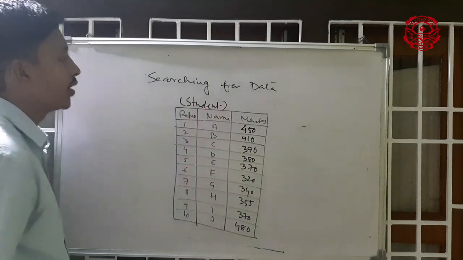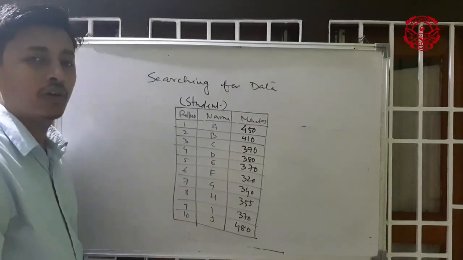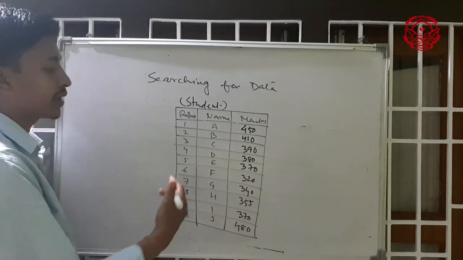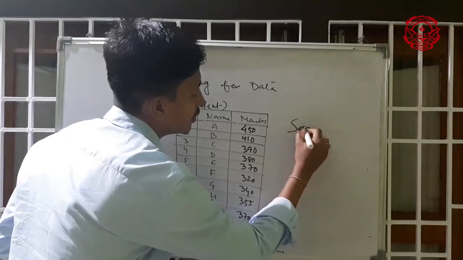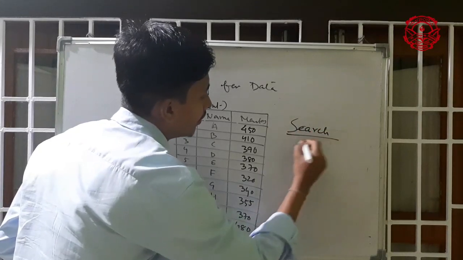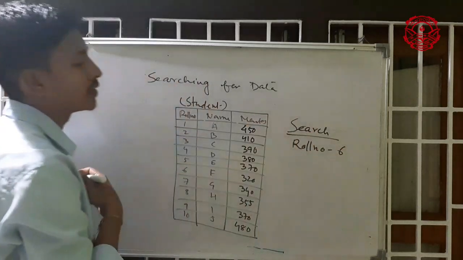Okay. Now searching means what? You can search any information from this table. For example, I want to search a record from this table. For example, I want to search the roll number, say 6.